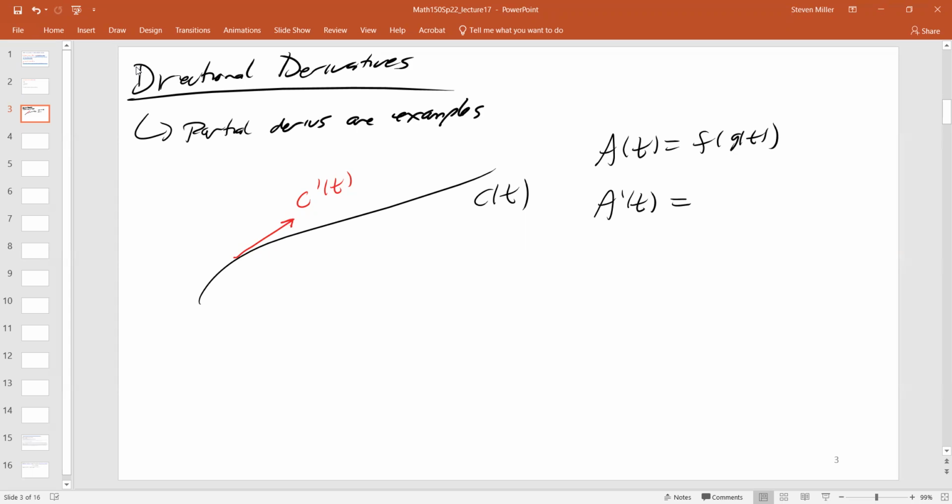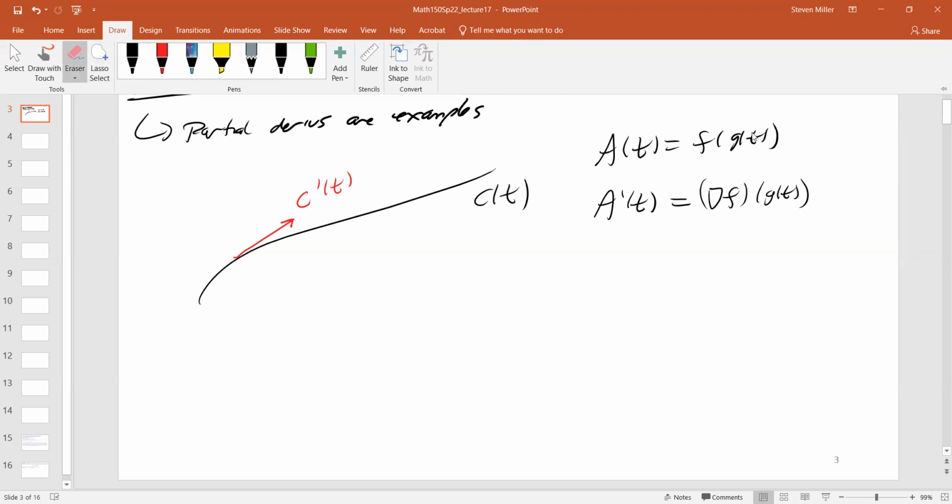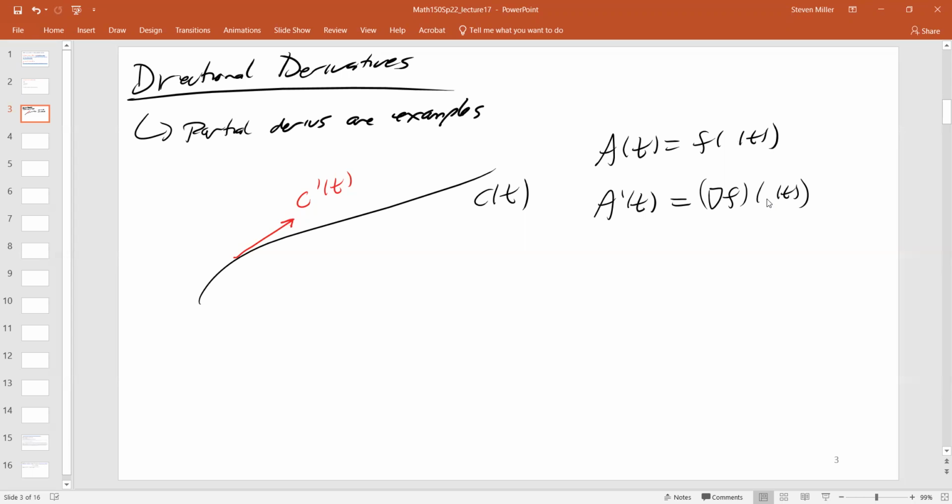But using the chain rule, this is going to be the gradient of f at c of t, dotted with c prime of t.